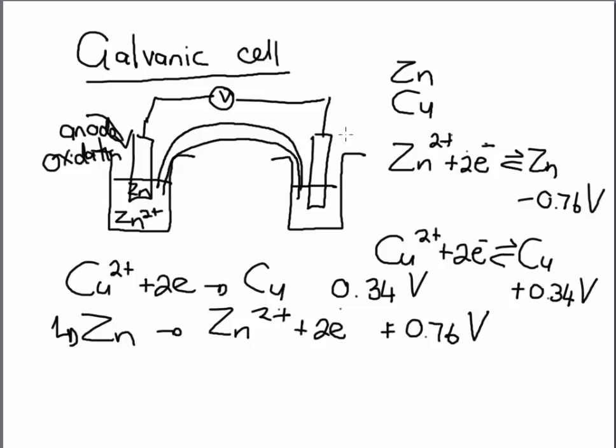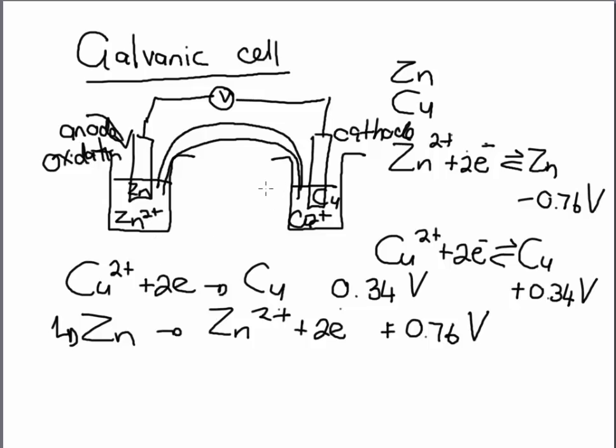If we look at our cathode, where reduction occurs, we then know that Cu2+ must be in solution so that it will form Cu on this electrode. This electrode is made of copper, and a copper residue will form on it. It means that the copper cathode will increase in its mass, and remember, the zinc anode will decrease in its mass because it's going through oxidation.